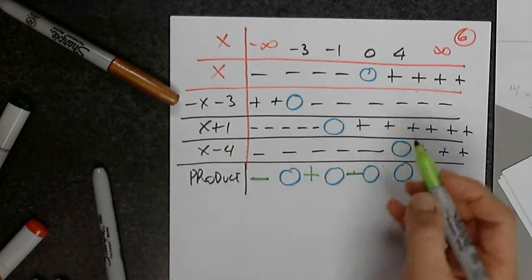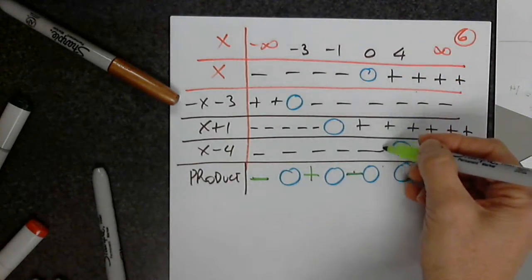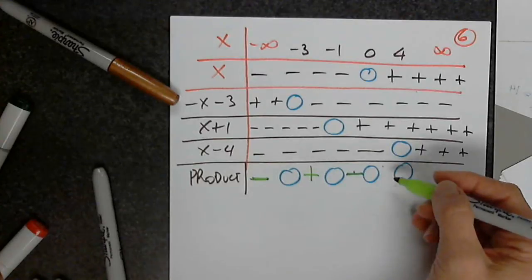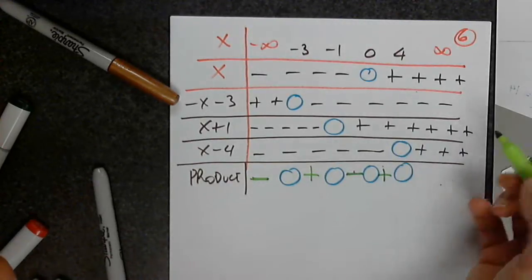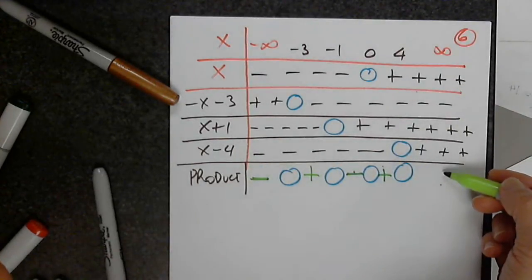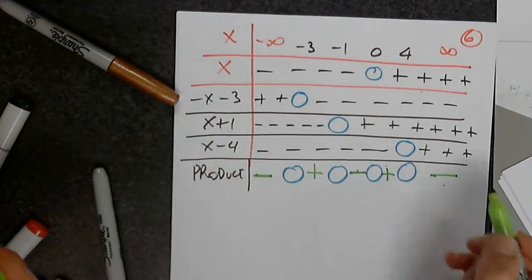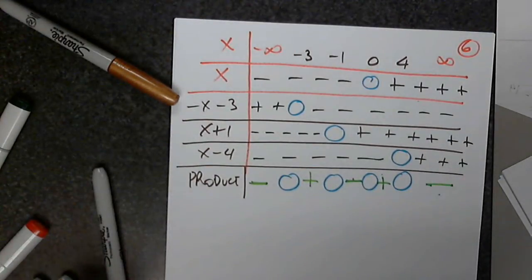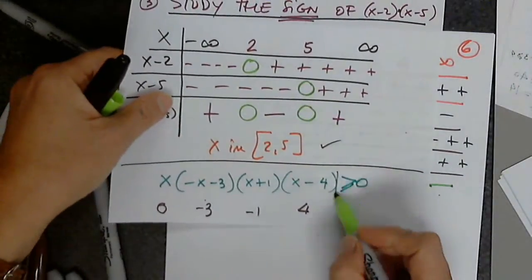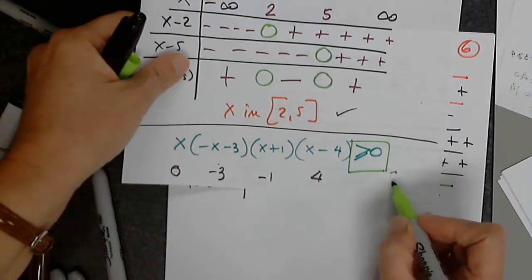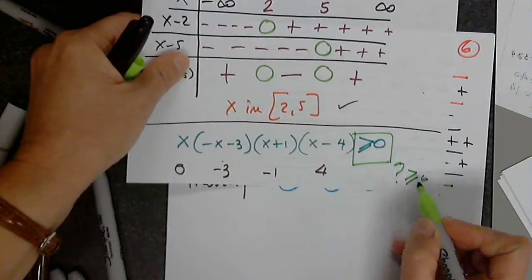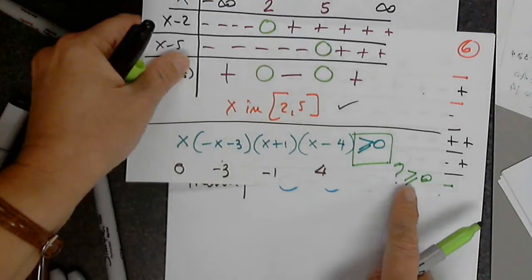What is the sign? In the next subinterval, I count 2 negatives. And in the last subinterval, I count a negative. Only now, I look at this. What sign do I pick? Which sign is greater than or equal to 0?